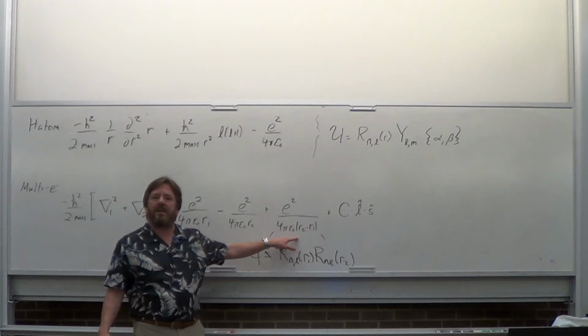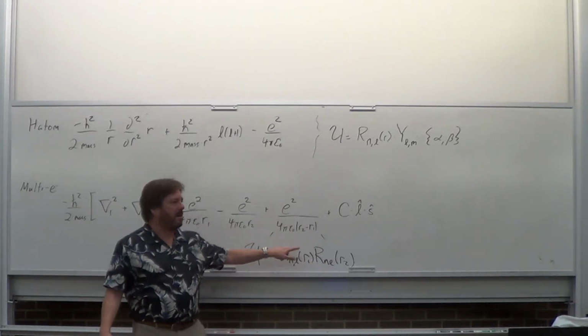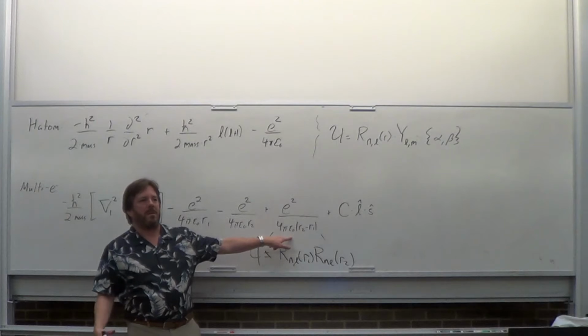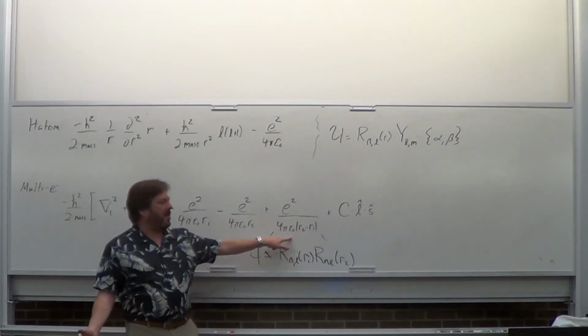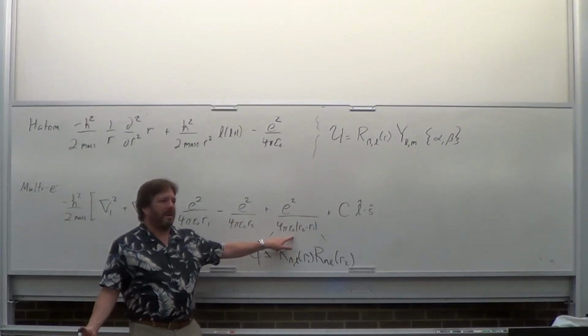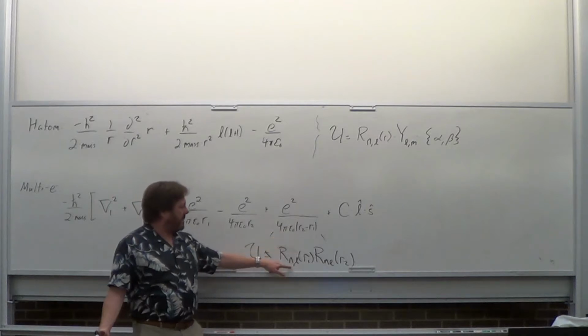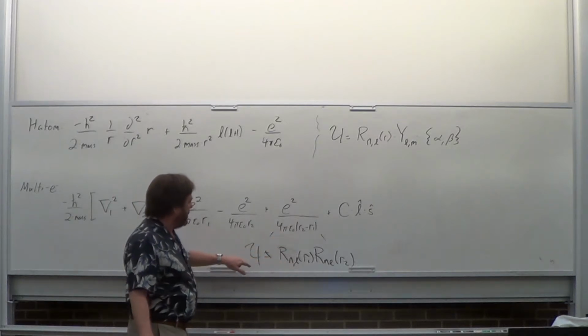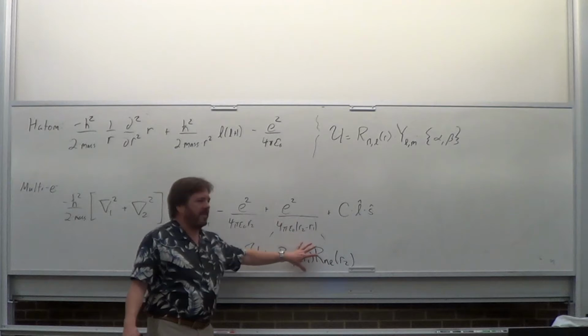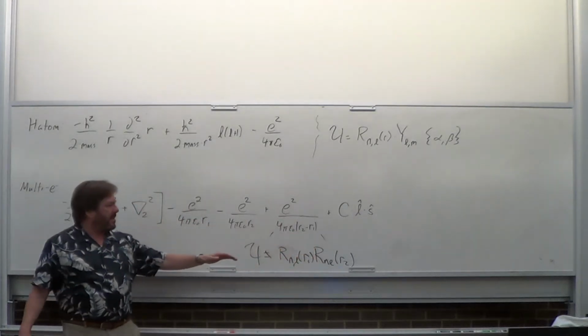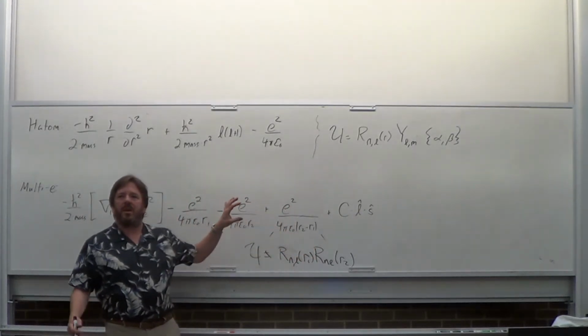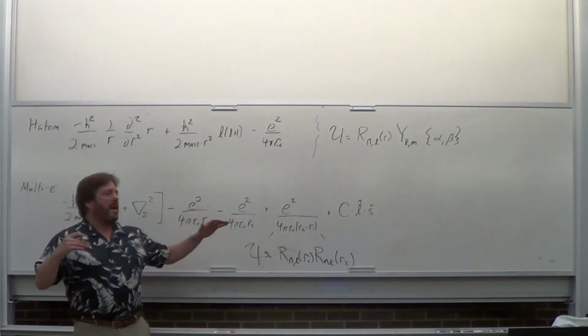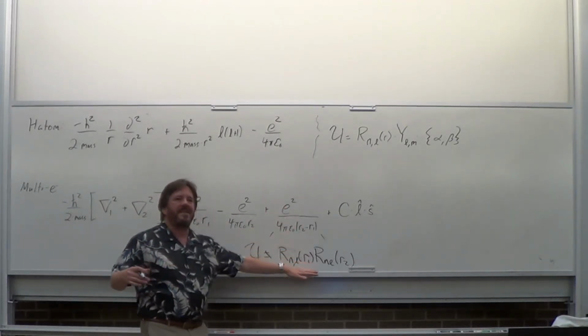Is this going to work as a valid eigenvalue problem? No, it won't. It's impossible. Yeah, that's the whole problem. These are not eigenfunctions of this Hamiltonian. So remember that if this is not separable, this is a mistake.